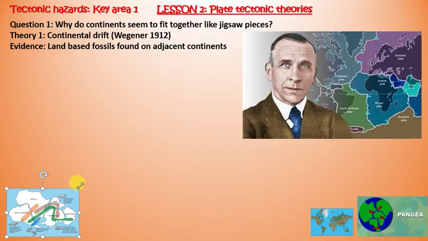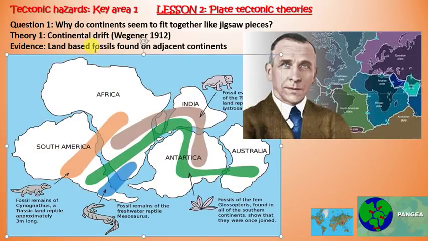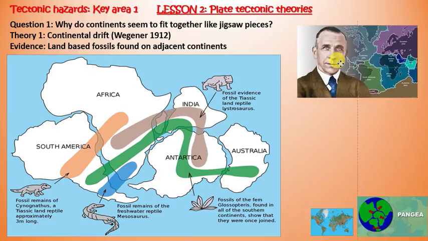But he needs to prove it, so evidence to support Wegener's theory: land-based fossils found on adjacent continents. If these species can't swim large distances, and they can't fly because they're land-based, then if the continents spread apart, how do you find this pattern of fossil remains which tightly overlap and are adjacent from one continent to another?